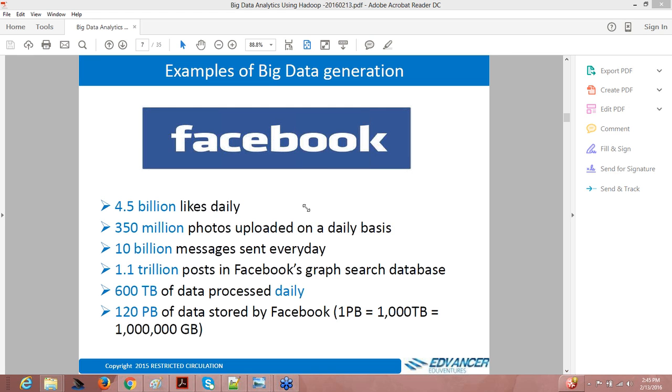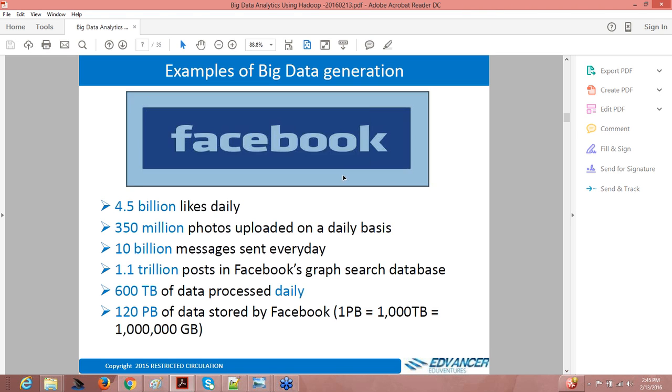And these users do a lot of activity, like they like posts, upload photos, upload videos, send messages. Because of this, a lot of data is generated. On a daily basis, Facebook processes around 600 terabytes of data, and they store 120 petabytes of data on the Hadoop cluster. This is one of the examples.